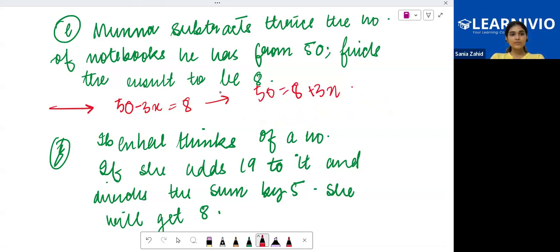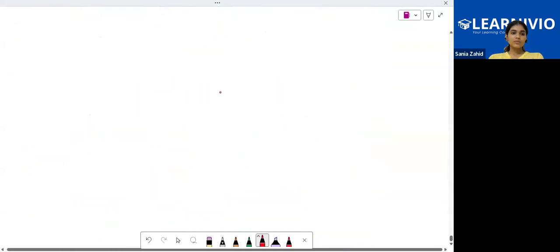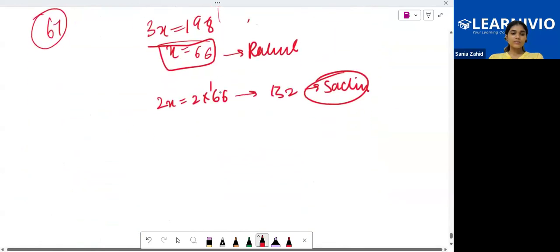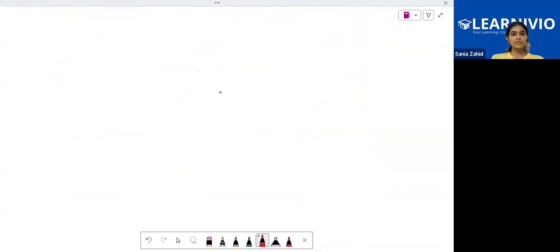Ma'am, Razan, yes. The assignment, question number 3, how to reduce to the lowest form? Which assignment, Razan? Please read the question. 7 into 3 by 5.